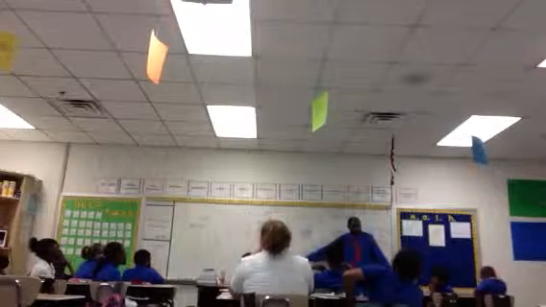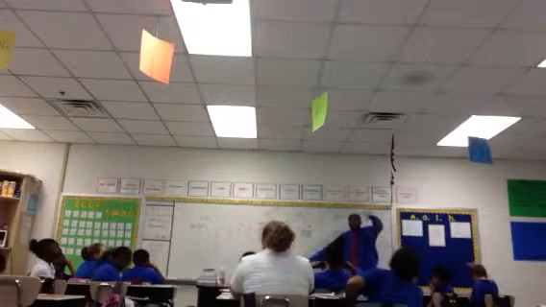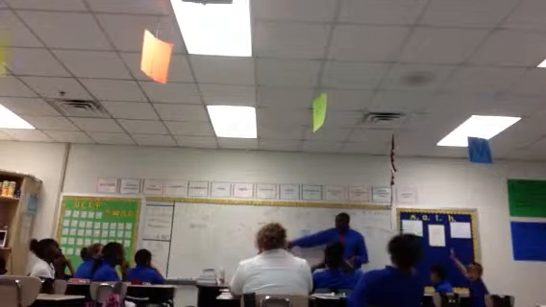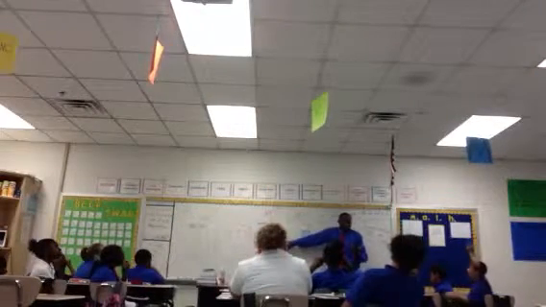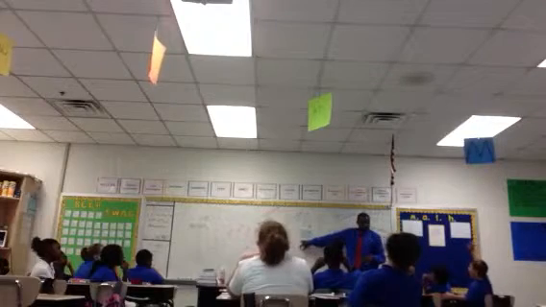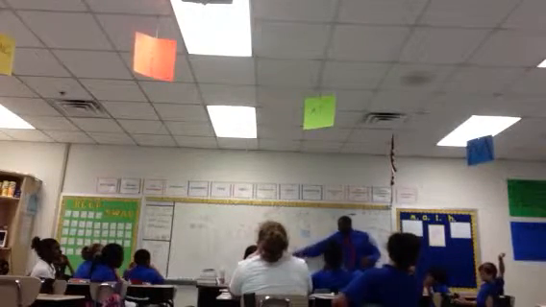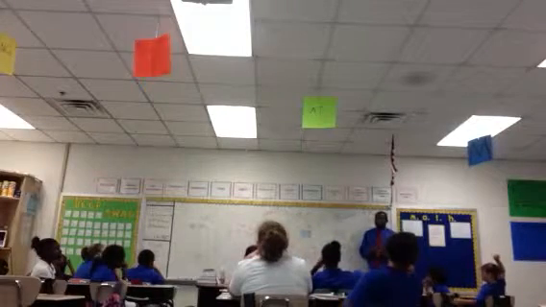But it has to be the same. So the key is, if I want to find fractions that have the same denominator, I have to multiply this fraction by a factor of 1 and multiply this fraction by a factor of 1. Okay? That's how I find those common denominators there.